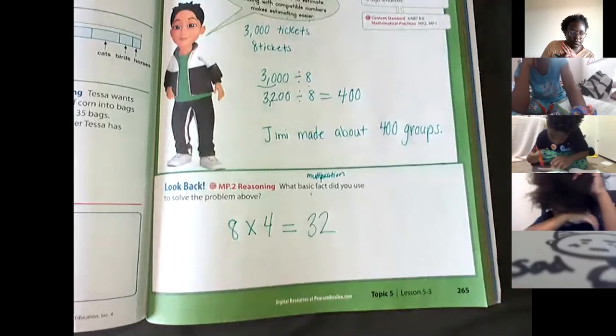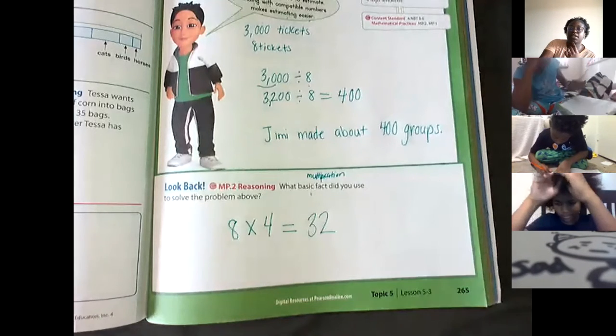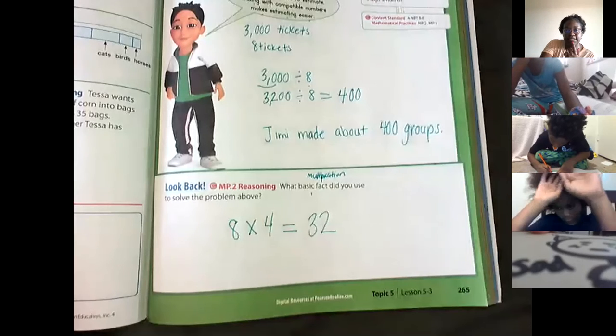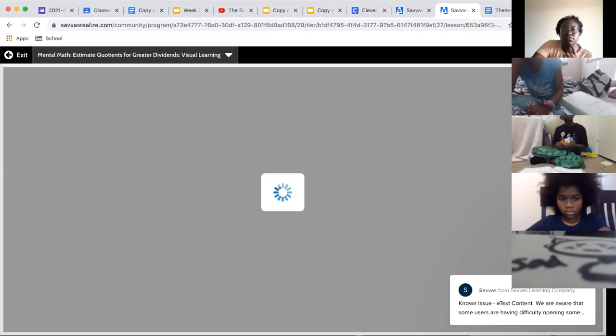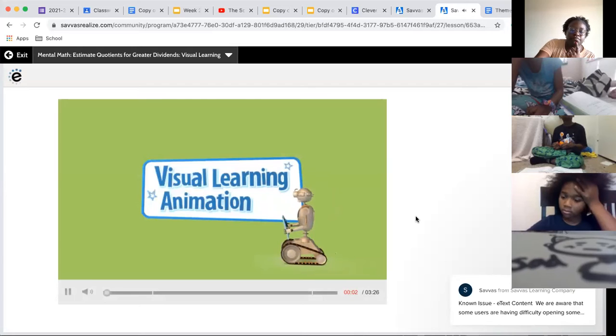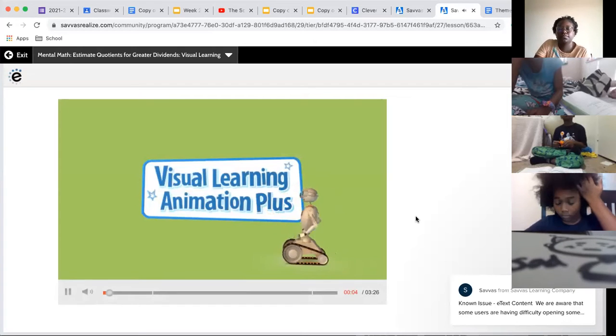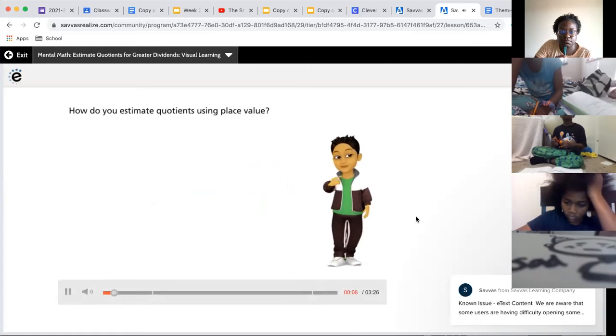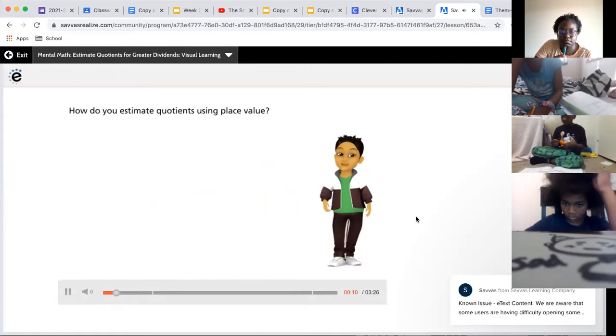Okay. Thanks. All right. Let me share my screen for page 266. How do you estimate quotients using place value?